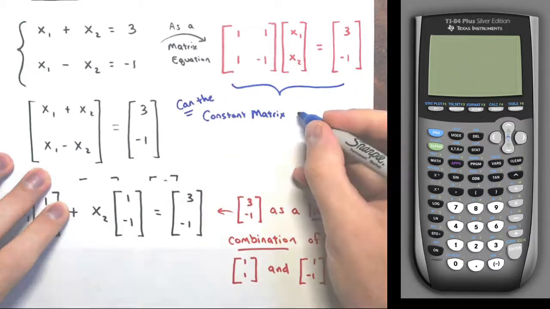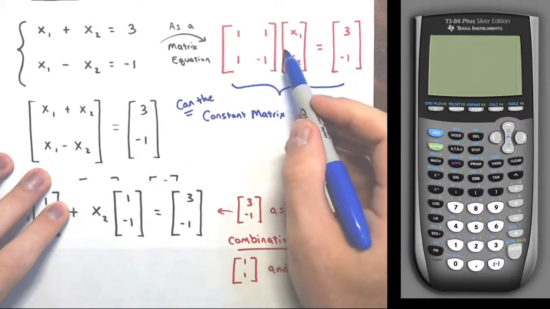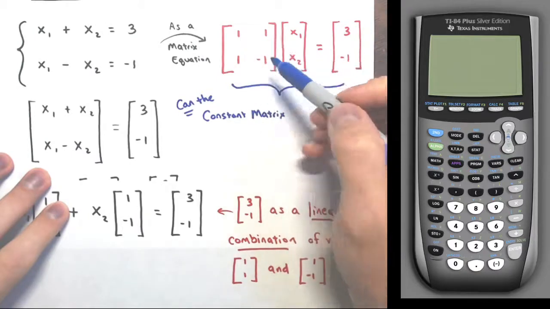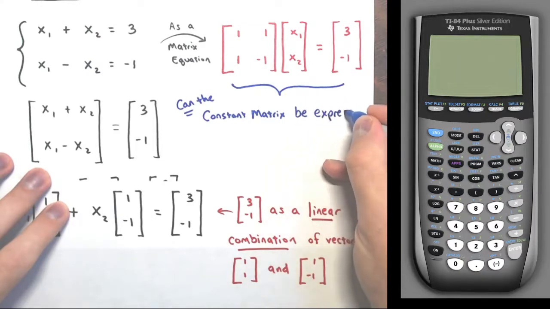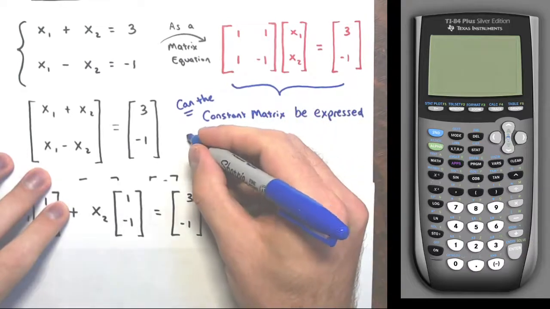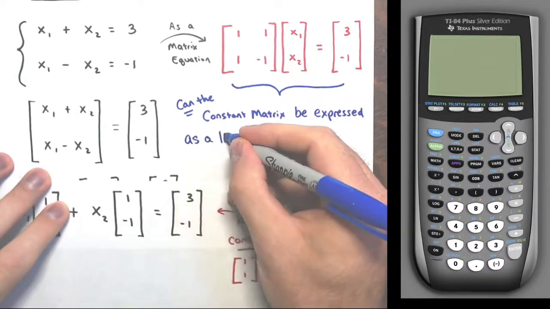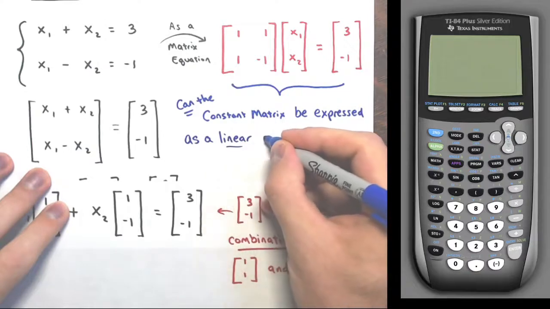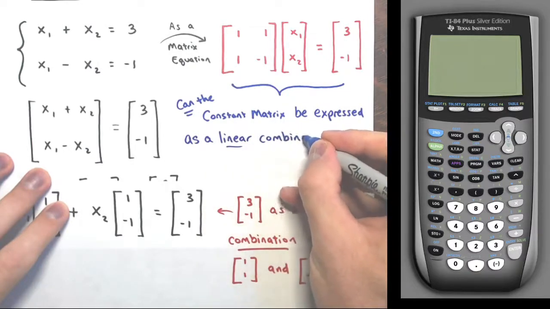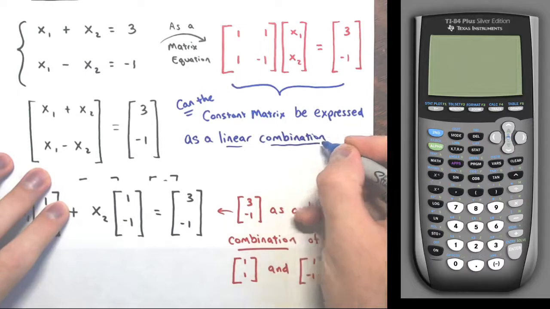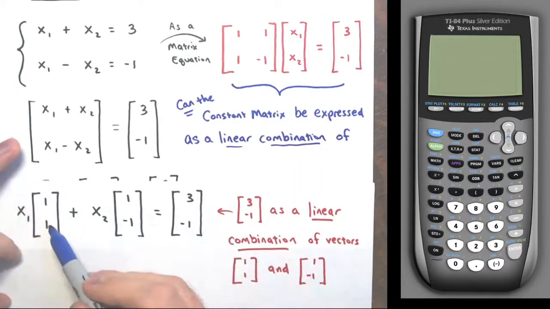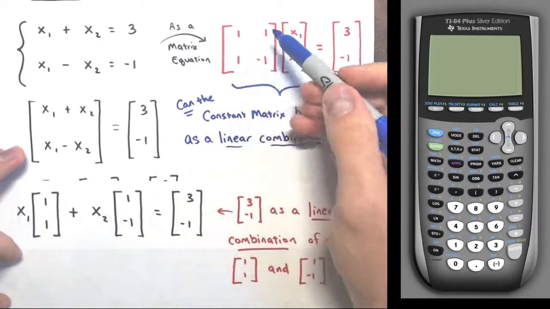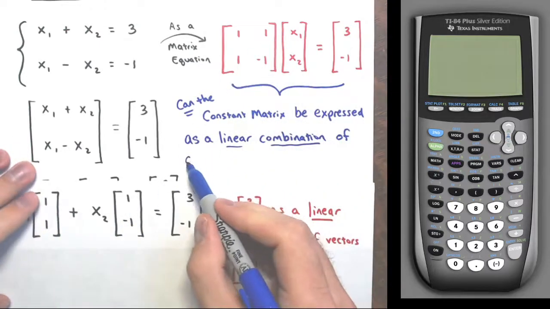Can the constant matrix be expressed as a linear combination of the columns of the coefficient matrix? See, I had 1, 1 here and 1, negative 1. Those are the columns of the coefficient matrix.